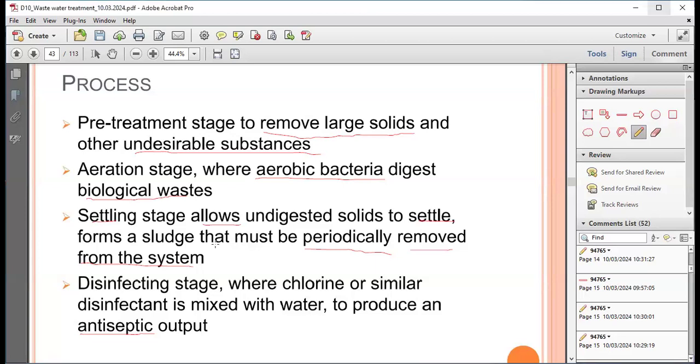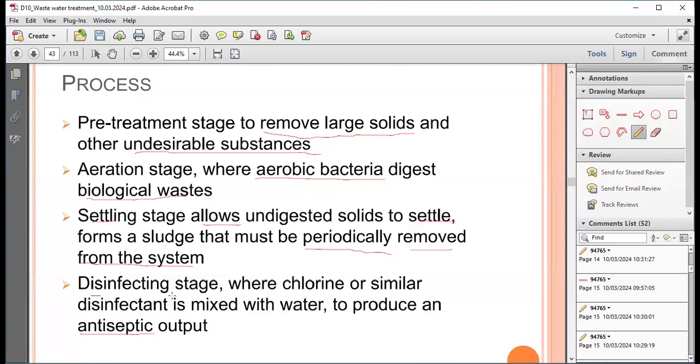So an antiseptic output means it contains no microorganisms, they are eliminated or killed.